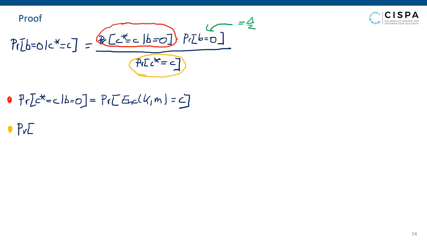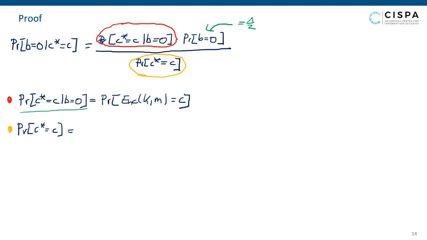So the probability C star equals C, the challenge ciphertext being C. So over what should we apply the law of total probability? Well, up here we've already computed a term like this, conditioned on B equals 0.